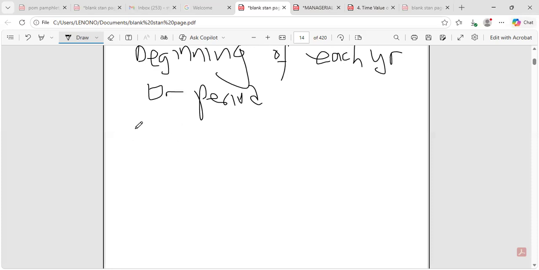So we have the future value interest factor of an annuity due.